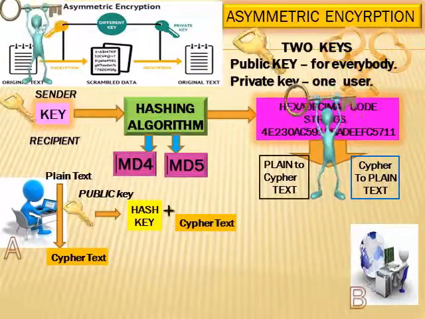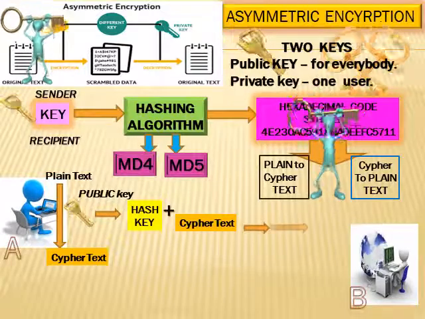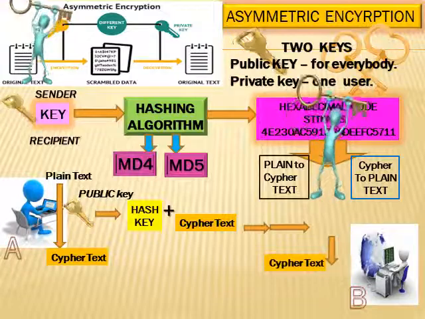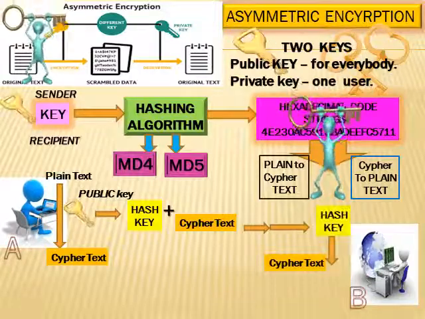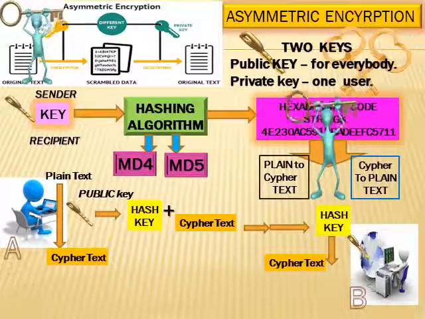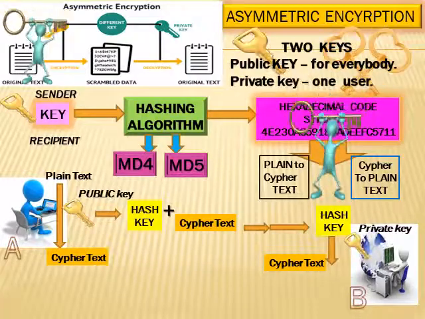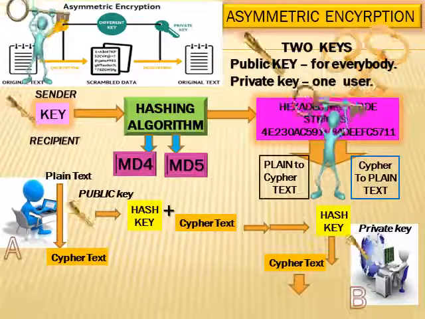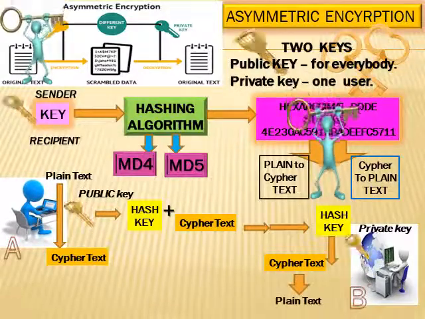Step 4. Once user B receives that message, user B will first decrypt the hash key. This is using the private key, which is owned by user B. Step 5. That decoded hash key is now used to decrypt the ciphertext sent by user A earlier.